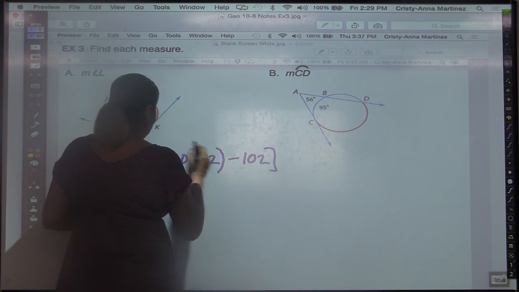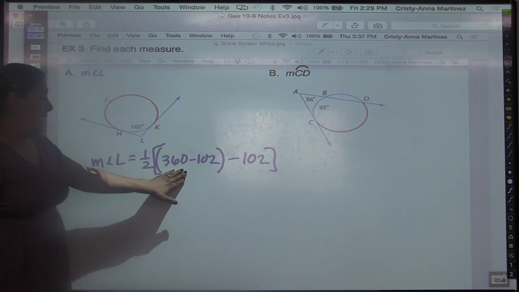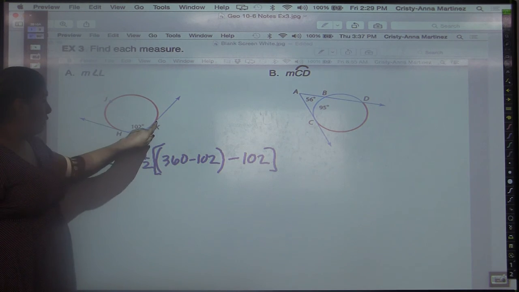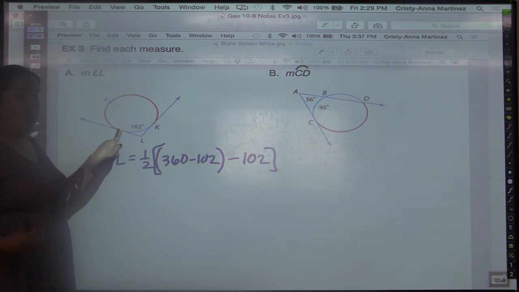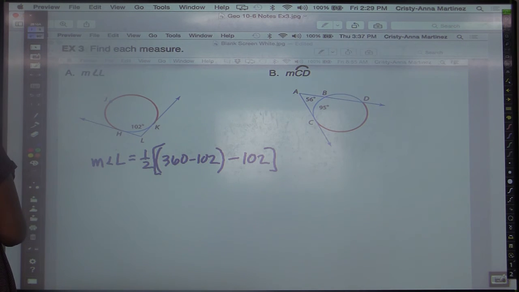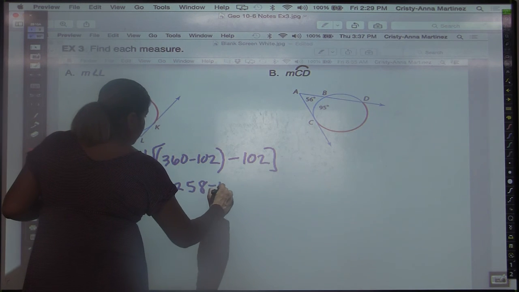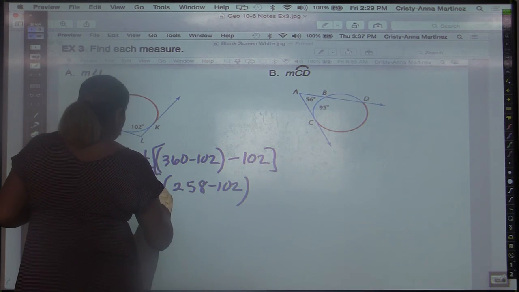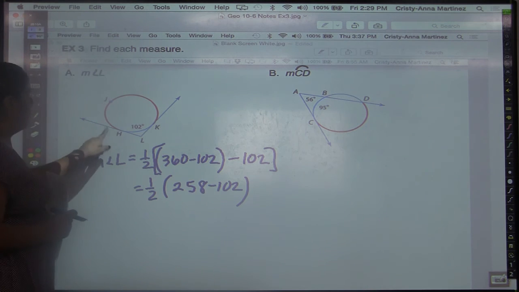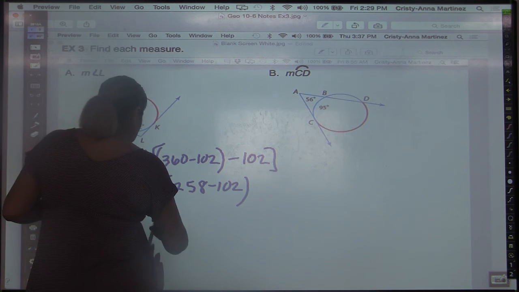So I hope that that didn't confuse you too much, but the 360 minus 102 is only there because it's telling me what the red portion is. And then remember that according to the theorem, you want to go red minus the blue. So the 360 minus 102 is 258, which means that the red portion here is 258, and then I subtract the blue portion, that's what the theorem told us to do, and you're going to get 156.